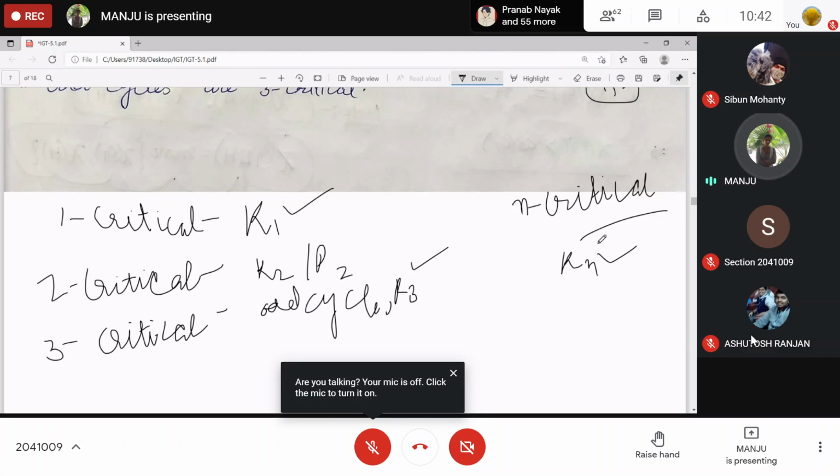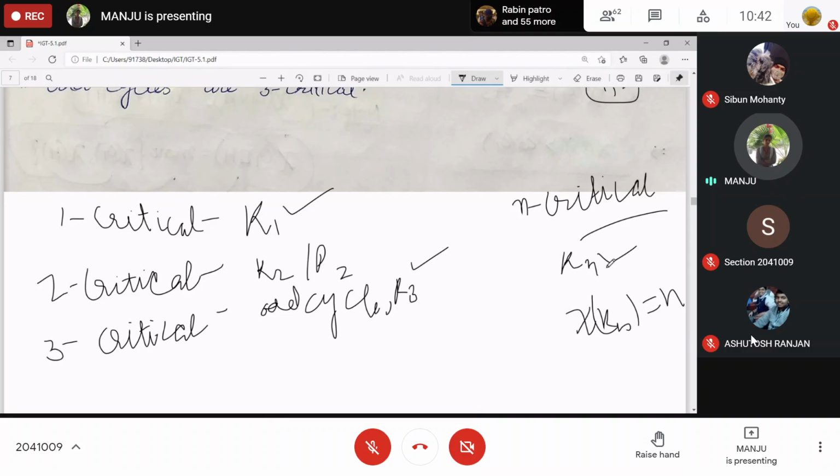So n will be the chromatic number for Kn. Even if we remove one edge, it will be strictly less than n. If you take any proper subgraph of this one, then its chromatic number will be strictly less than n. Understood?